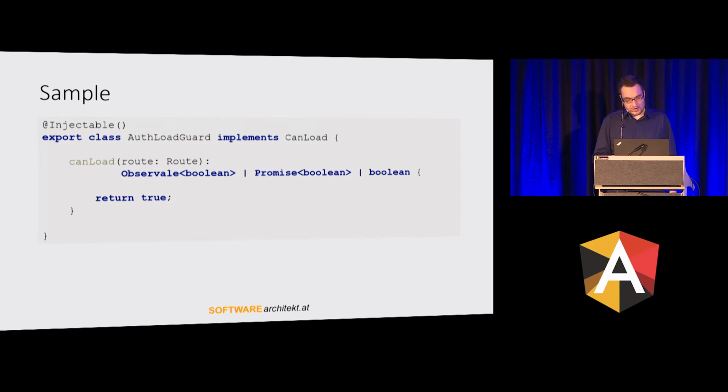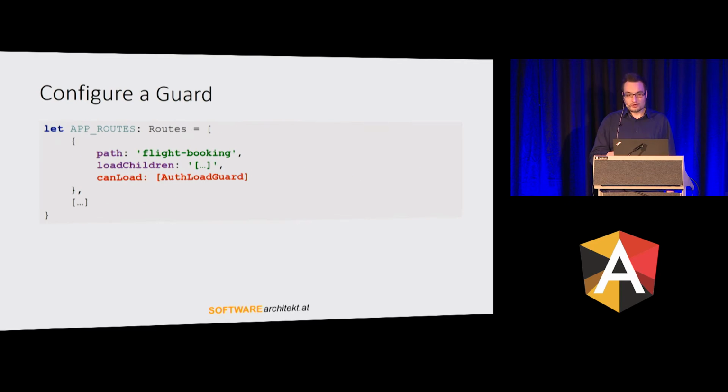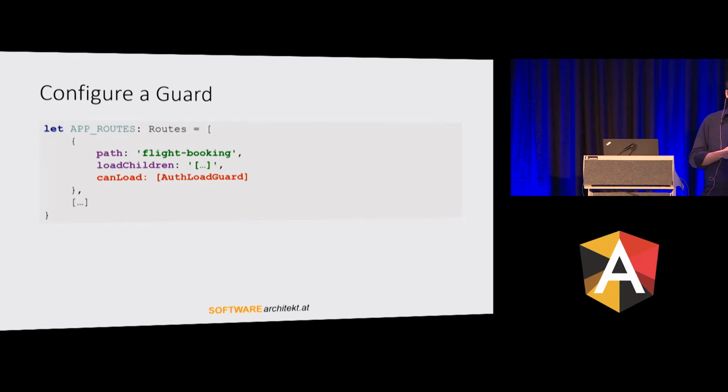So after you've created your guard, you have to configure it, and for this you have to register the guard with your routing configuration. There is a property canLoad where you can put your guard. But there is a very important aspect here. The thing that you are mentioning here isn't exactly the guard you are using.